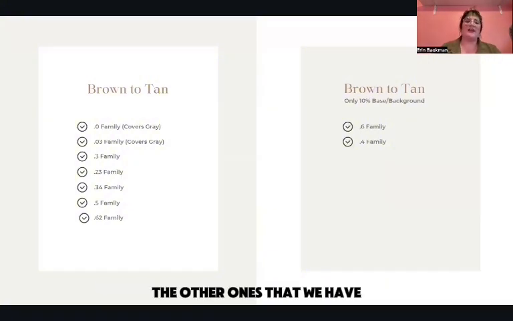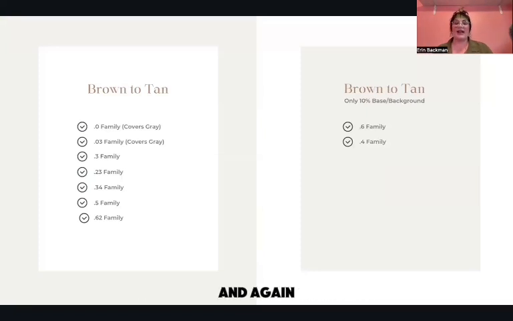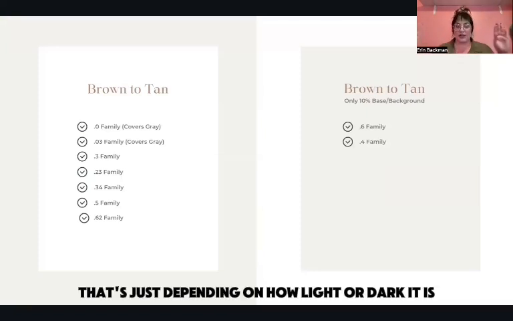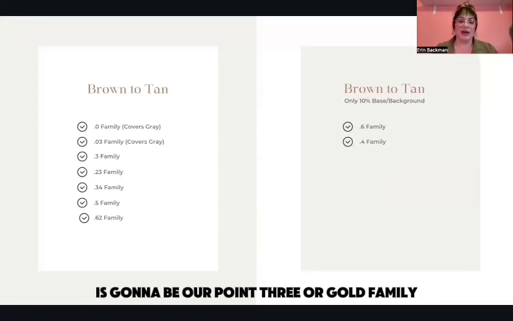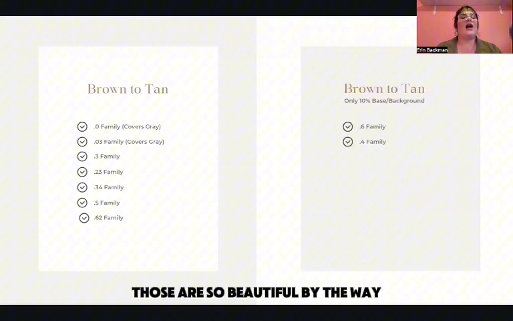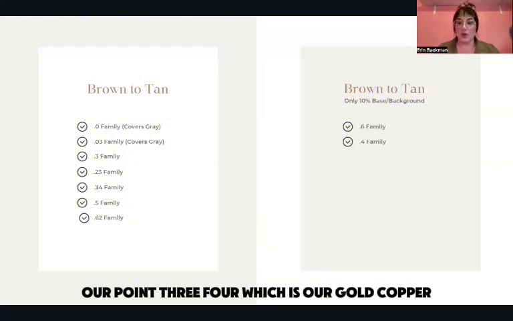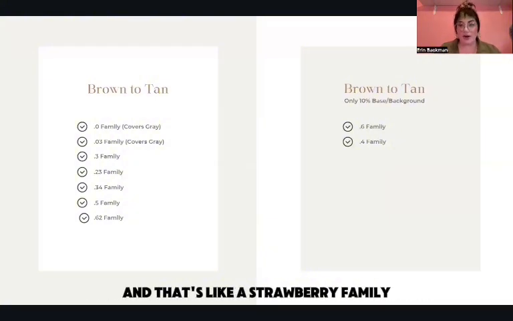The other ones that we have that contain that brown to tan, and again, that's just depending on how light or dark it is, are our 0.3 or our gold family, our 0.23, our violet gold family. Those are so beautiful, by the way. Our 0.34, which is our gold copper, and that's like a strawberry family.